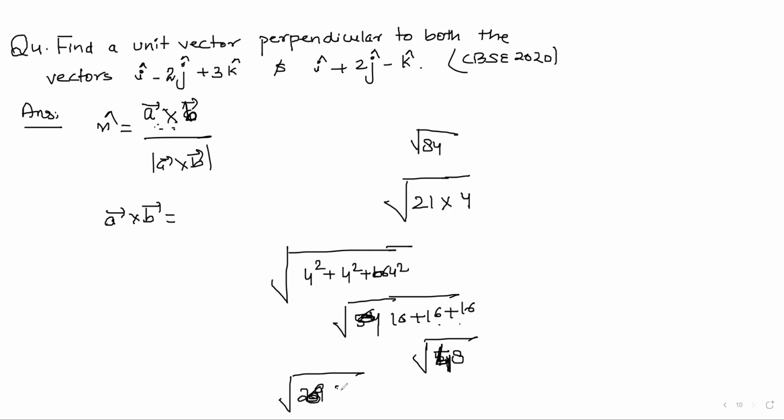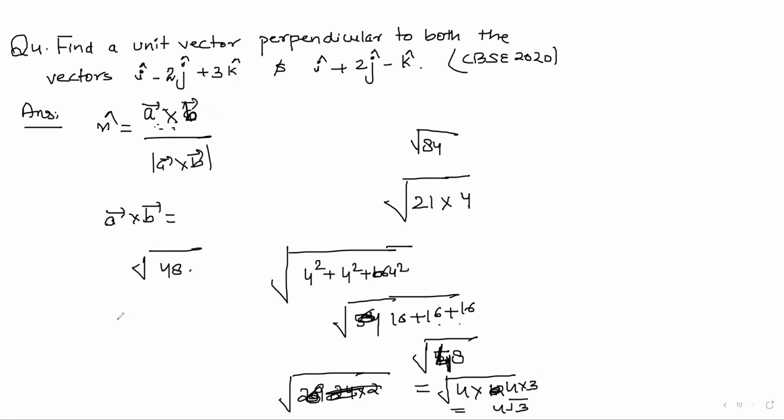So 24 into 2, or we can say this is 12. Even this 12 can be written as 4 into 3, so this is 4 root 3. First, not under root 84, it is under root 48.